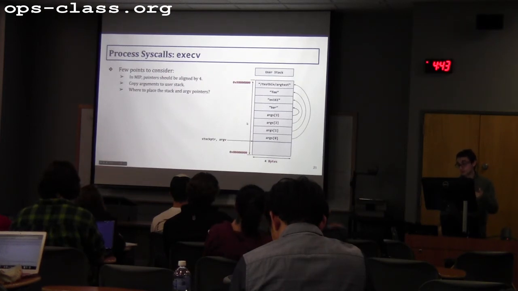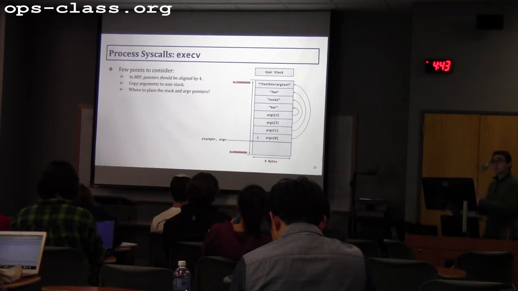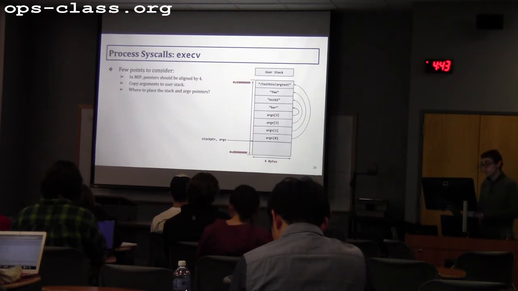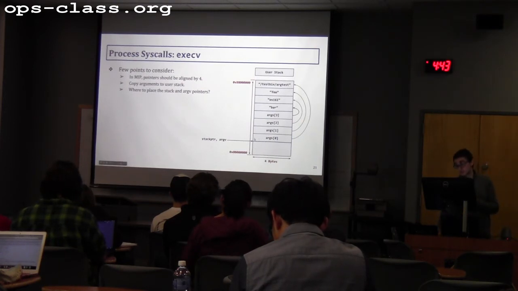Since we have a pointer to an array of pointers to the arguments, we place arg0, the program name, and then foo.